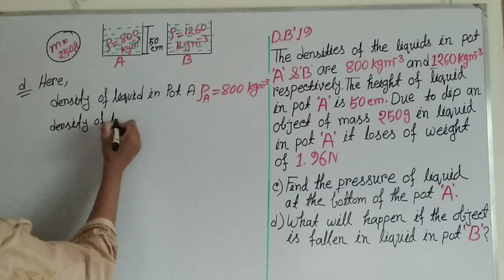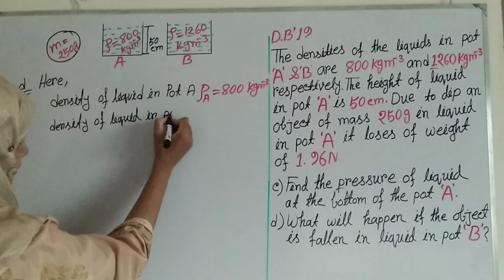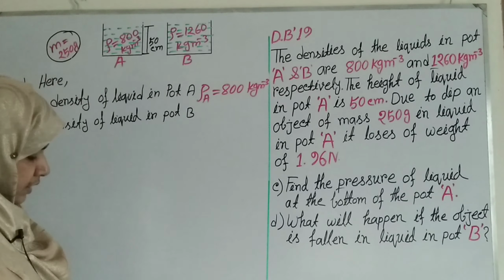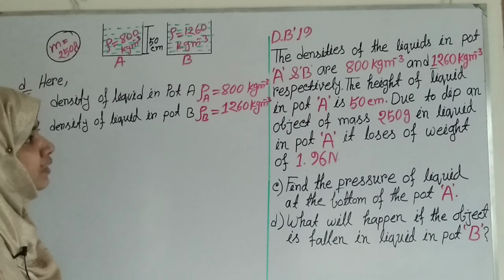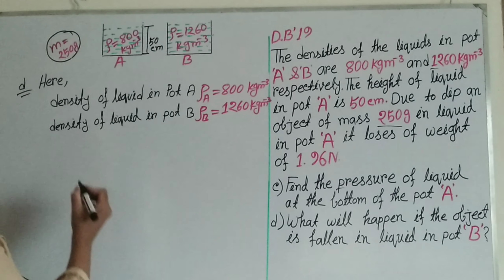The density of liquid in pot B, rho B, equals 1260 kg per meter cube.